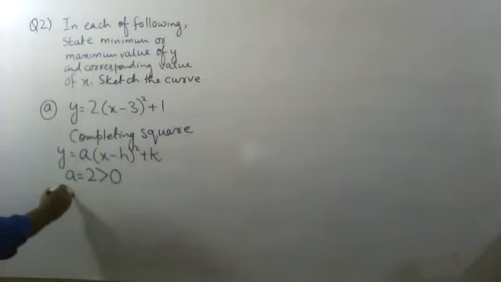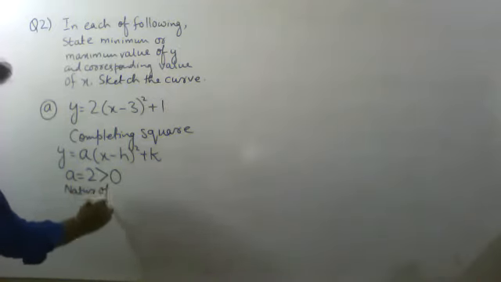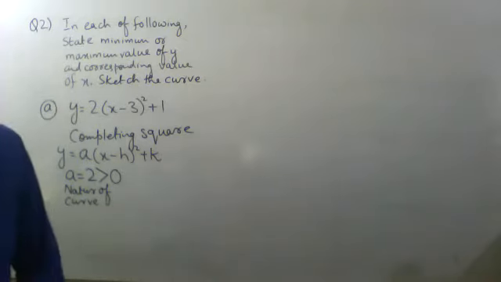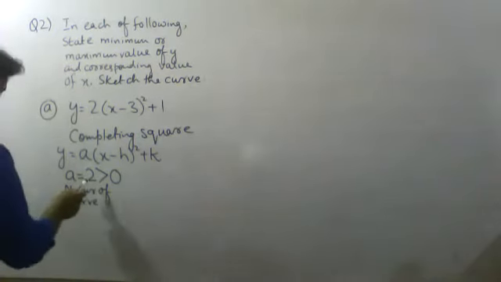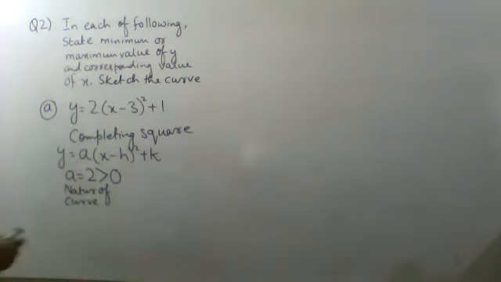And what does a tell you? A will tell you the nature of the curve, whether it is the minimum value or the maximum value. So we have got a equals 2, which is greater than 0.